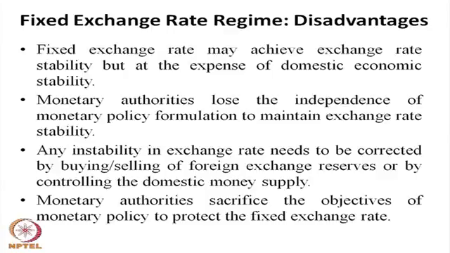To maintain independence in monetary policy, it is not possible to control the exchange rate, money supply, and at the same time interest rate continuously to maintain stability in the exchange rate, because these three are interdependent, and there is what is called a dilemma of the trinity. The economic logic is that it is very difficult to control a fixed exchange rate, an interest rate, and at the same time stability in money supply, because these three are interdependent, and you can only control two at a particular time, you cannot control all three.